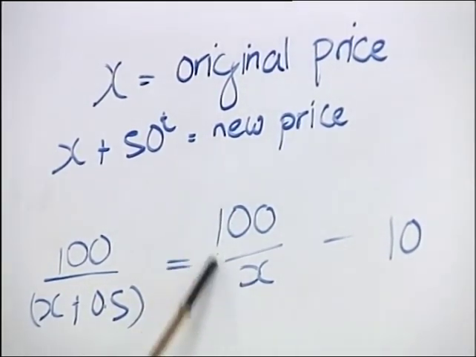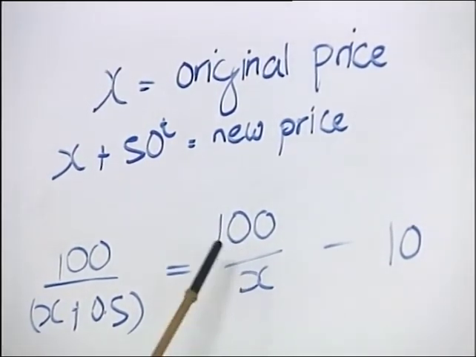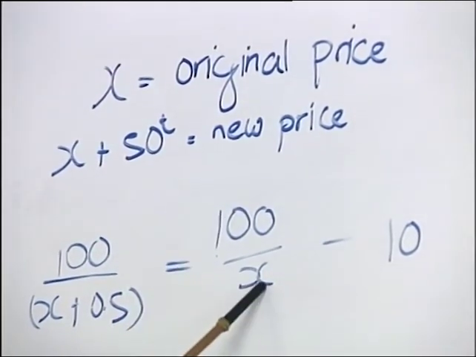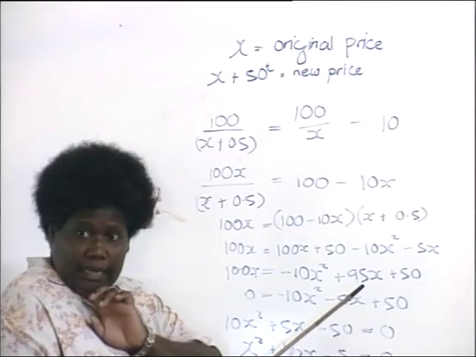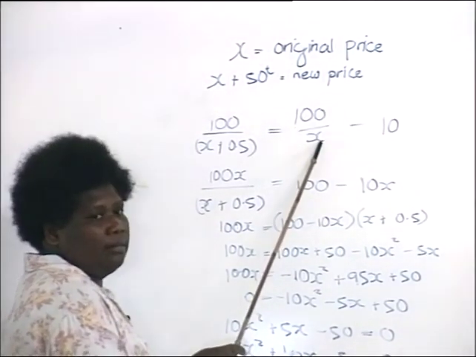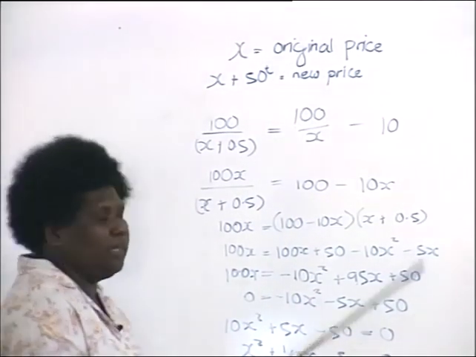That's what he's done here. This is the number of articles that he was supposed to buy originally. It's 100 divided by the price for one ticket. Clear? So this is the number of tickets, the total price over the price for one ticket.